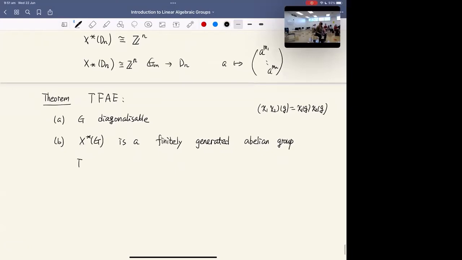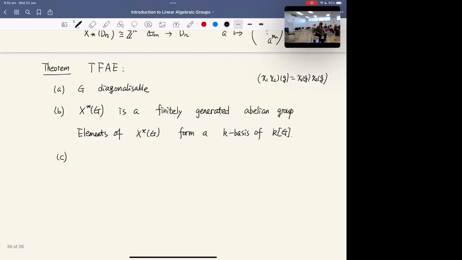And moreover, the elements of X upper star G will form a basis of our coordinate ring K[G]. Now, something that will also be useful for us is that any rational representation of G is always going to be a direct sum of one-dimensional representations.